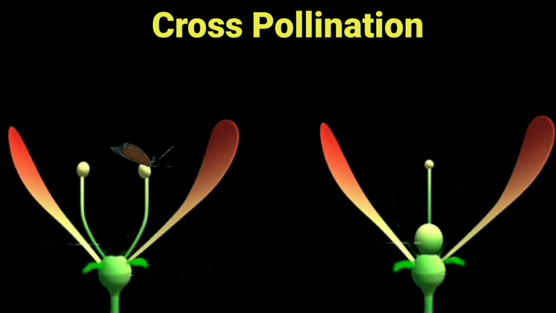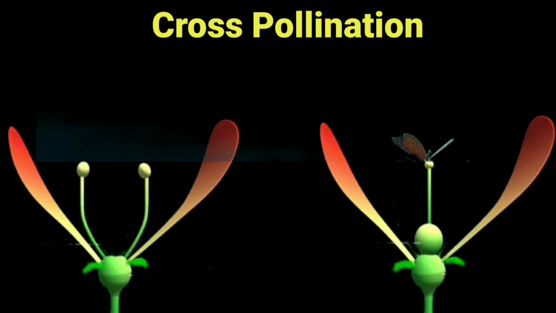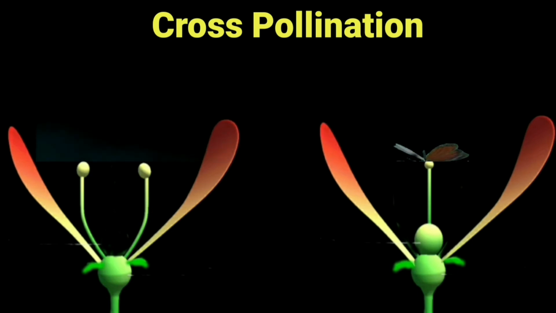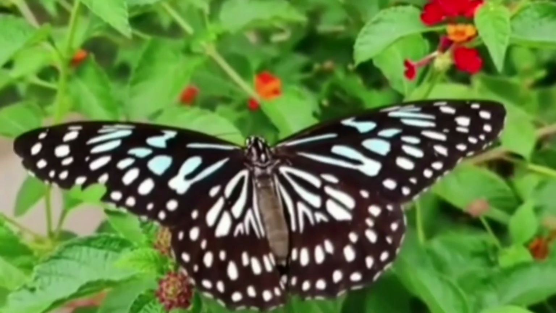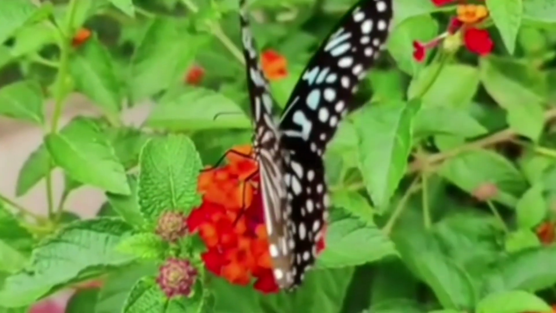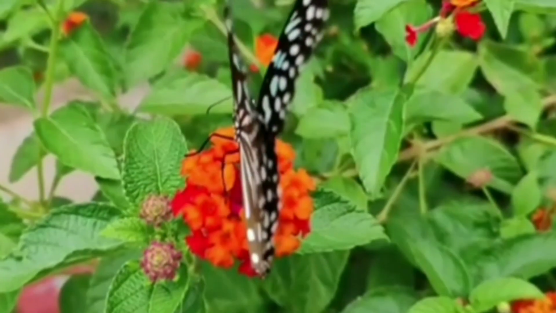When this insect visits another flower, the deposited pollen grains get dusted on the stigma of the second flower, thus bringing about pollination. Have you noticed the flowers pollinated by insects and those by wind?